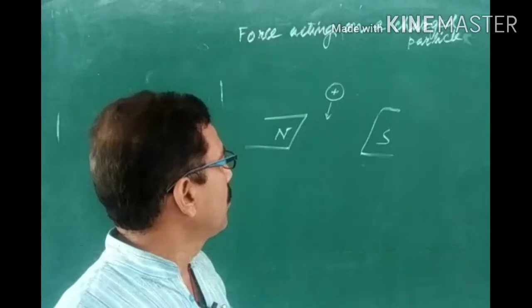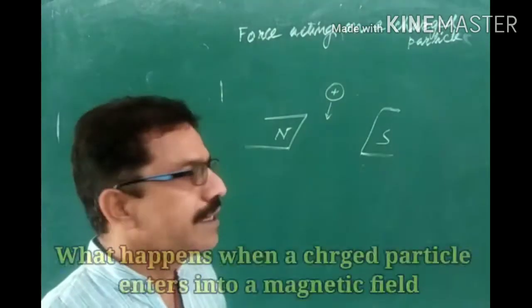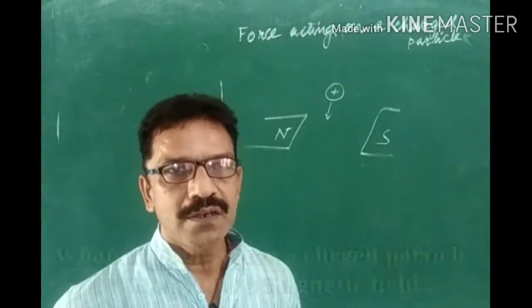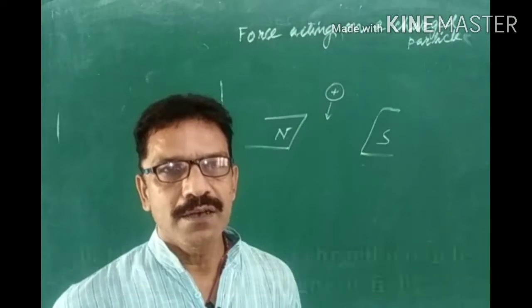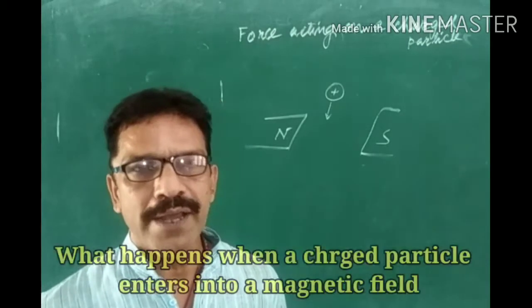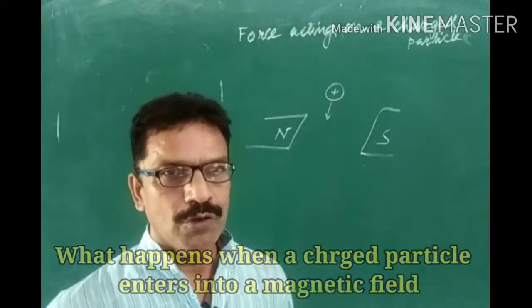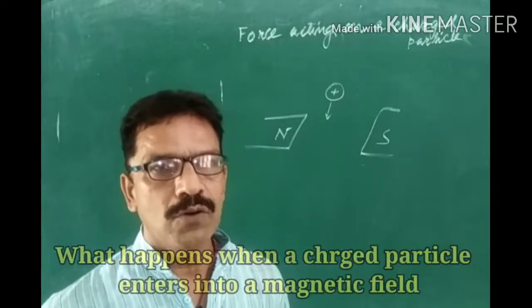Now, what will be the direction of deviation? The direction of deviation of this charged particle can well be determined by Fleming's left hand rule. You know what is Fleming's left hand rule?